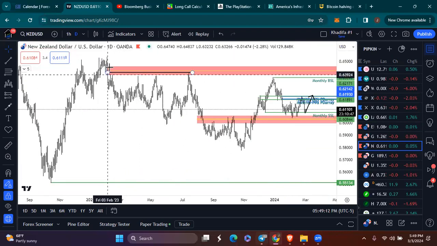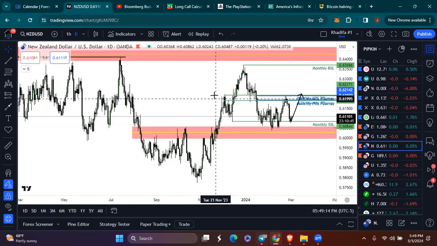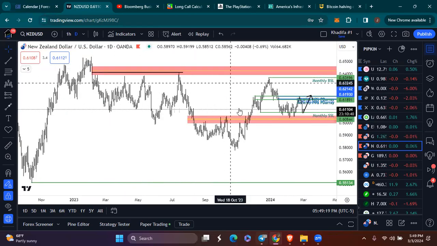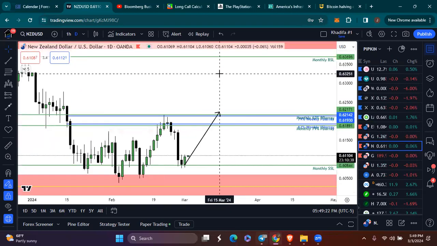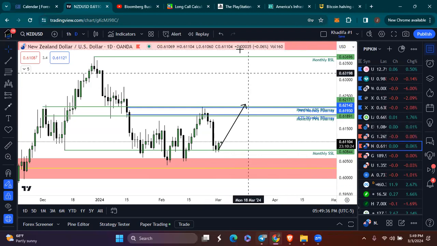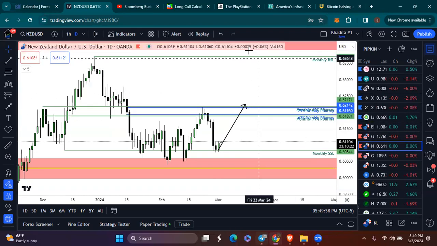I want to see us rip through here, or react aggressively to it back down to the downside. Because we could just run that monthly buy side liquidity, kiss the bottom of this fair value gap, and continue lower. Or, well, we'll be reversing lower once we get up there.